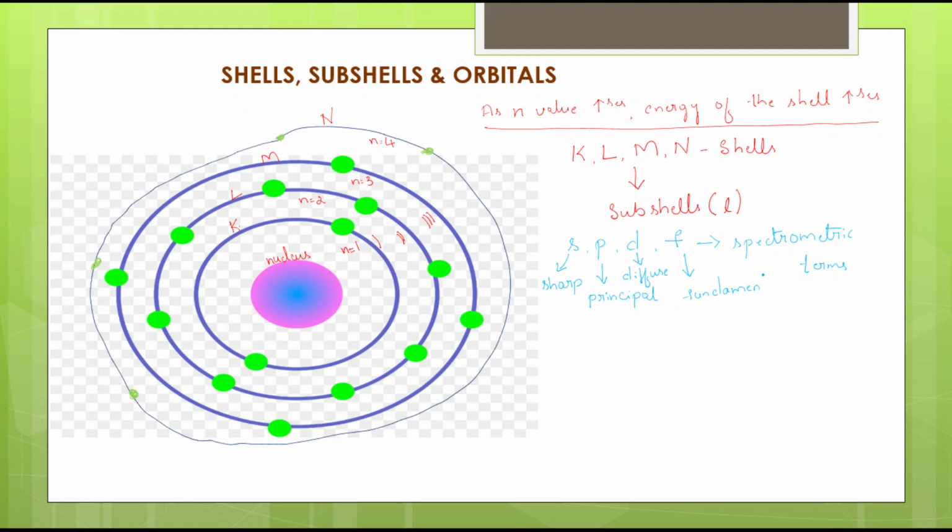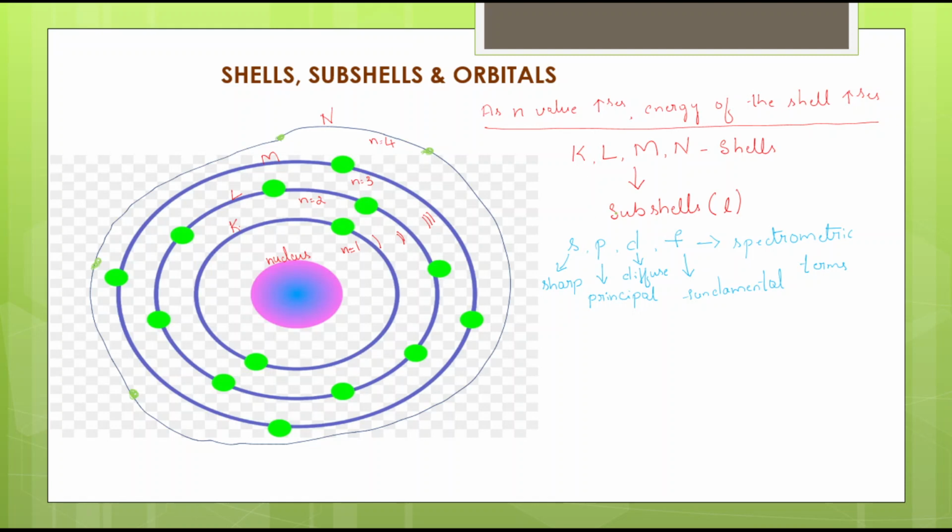So all these are spectrometric terms, and based upon them these names have been given to the subshells. I hope it is clear. Now we are going to discuss how we will calculate or come to know the subshells.